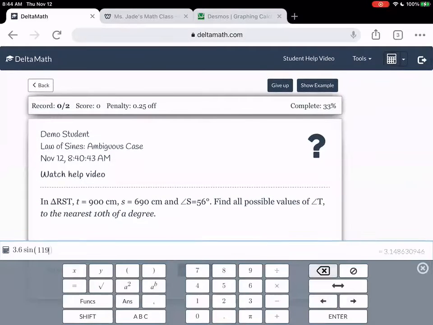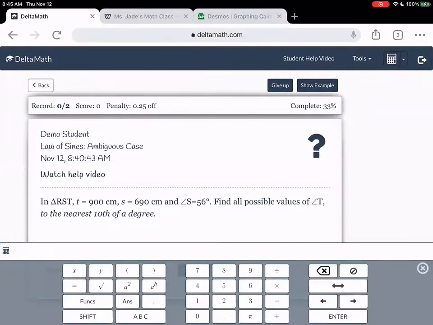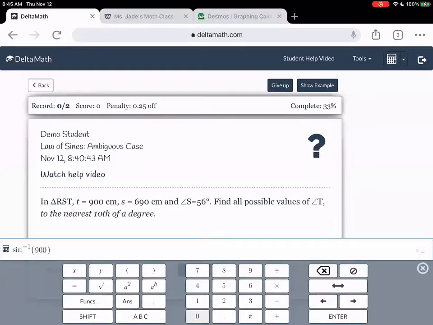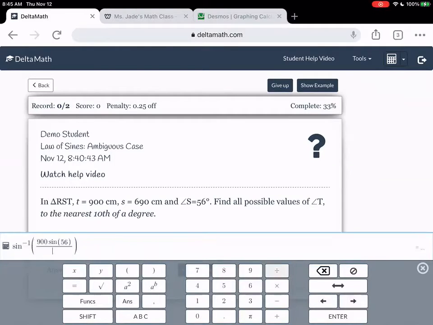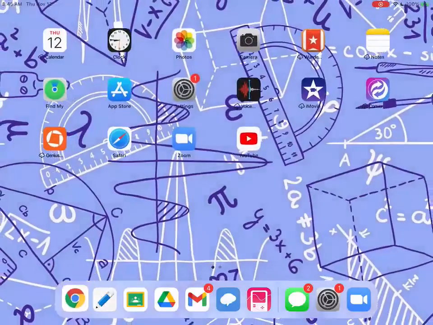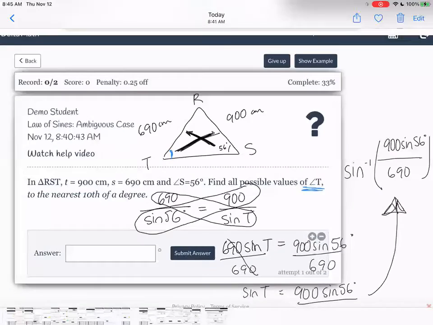Calculator, delete everything else. Okay, so sine inverse of, and then we just type this large fraction in there, 900 sine 56 divided by 690. Okay, and that gives us absolutely nothing. Well, that's weird. Let me just double check my work to make sure I didn't mess up. So here's our work.